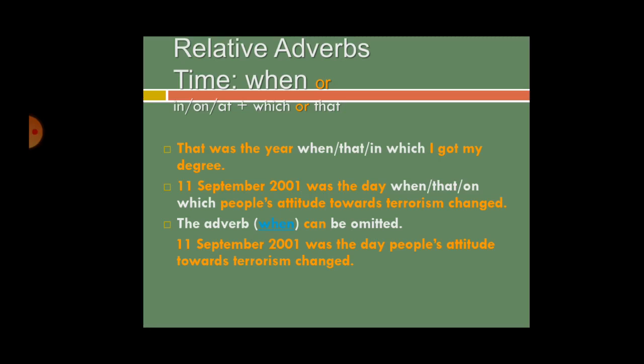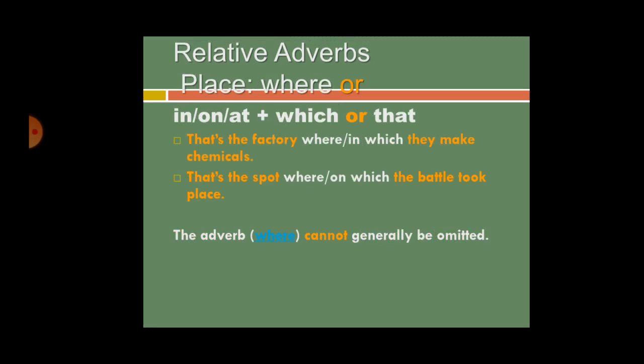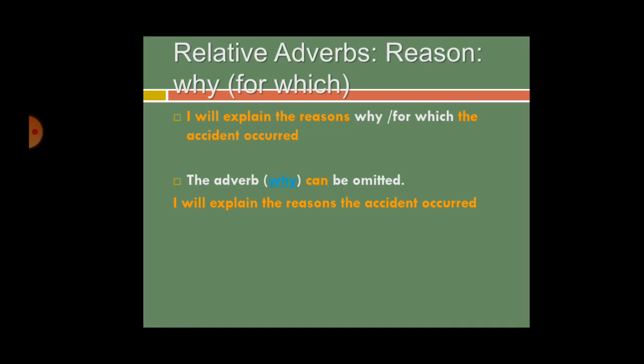The adverb when can be omitted: 11 September 2001 was the day people's attitude towards terrorism changed. Relative adverbs, place: where, or in, on, at plus which or that. That's the factory where, or in which, they make chemicals. That's the spot where, or on which, the battle took place. The adverb where cannot generally be omitted.